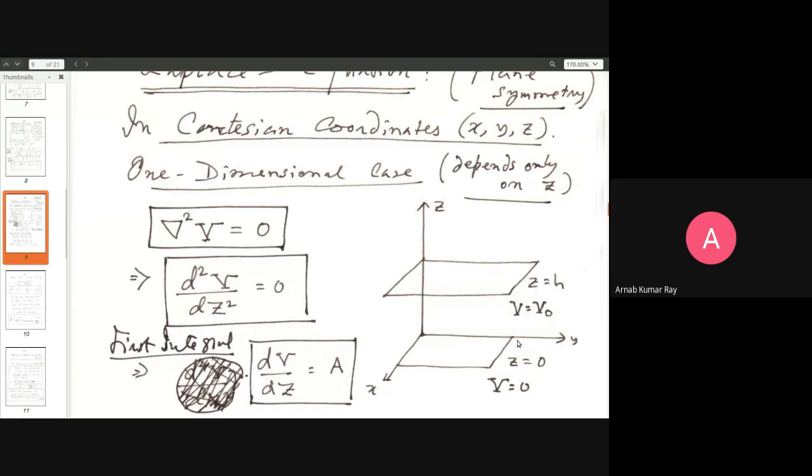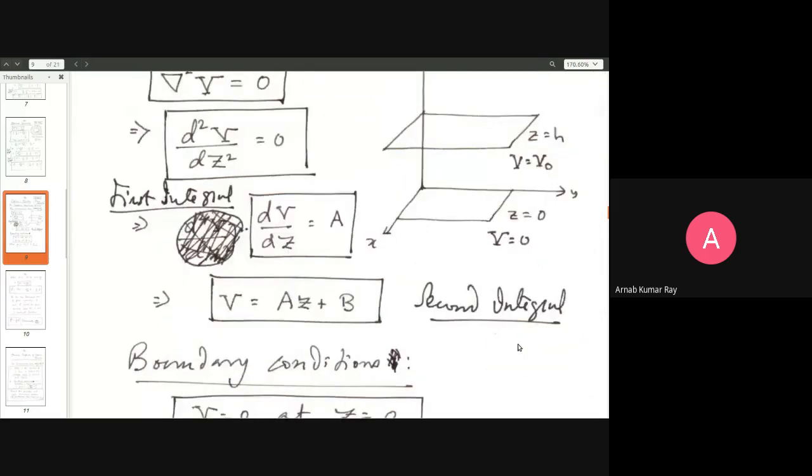I hope you recall a tutorial problem, I think in the first or the second tutorial, where you were given a hill function, h depending on x and y. So you plot h along the vertical axis and x and y along the 2 mutually perpendicular horizontal directions. So it's like that.